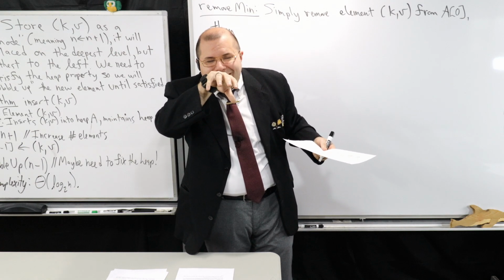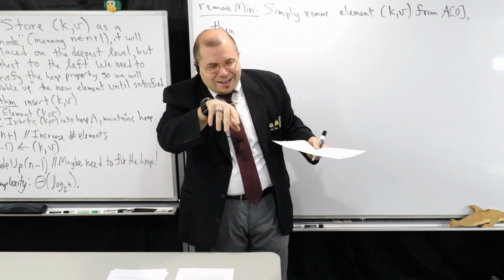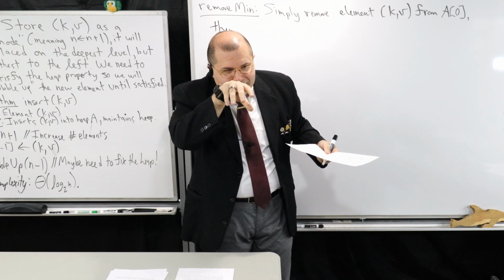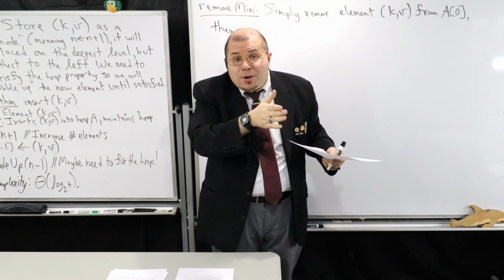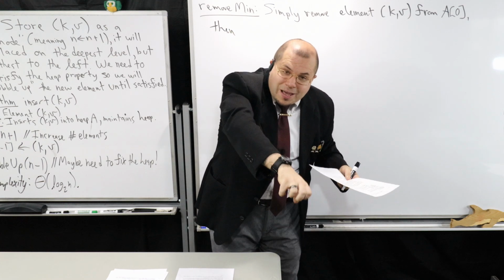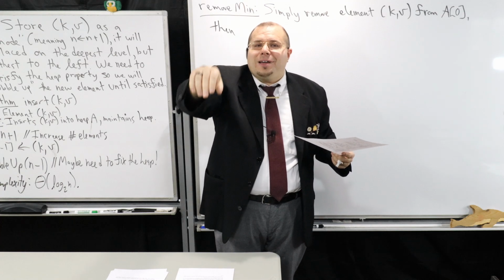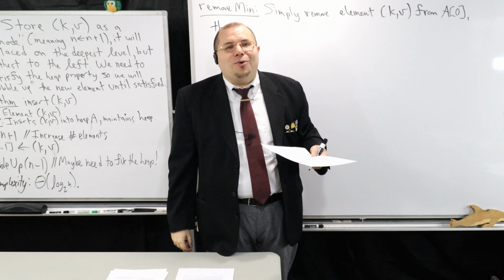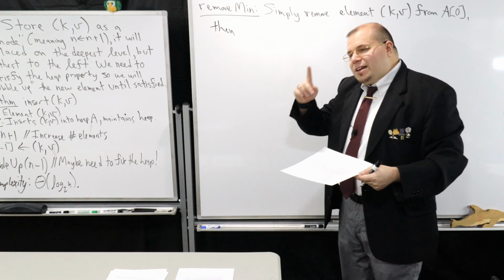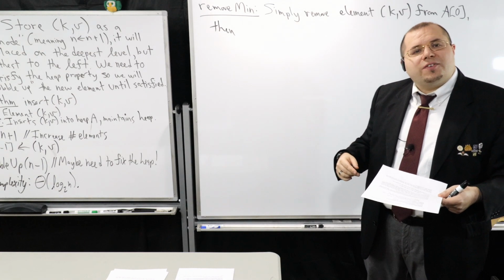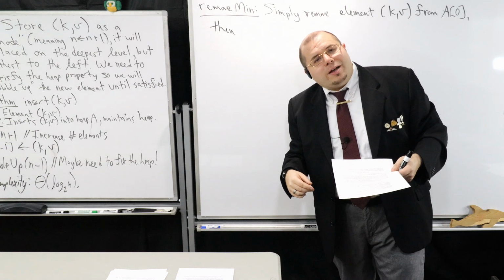So the idea I'm suggesting that we try is to take the rightmost on the bottom level, grab that one, throw it into the root, and see if we can fix up the ordering of the elements in the heap. But notice that if I do this, the structure should look fine. I just have to fix up the ordering of the keys.